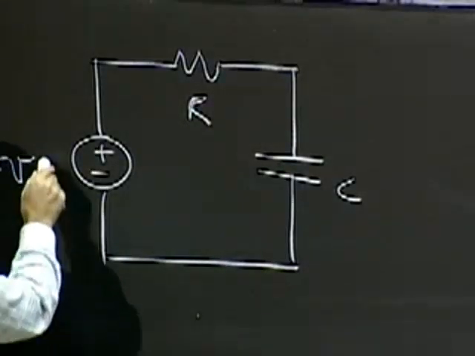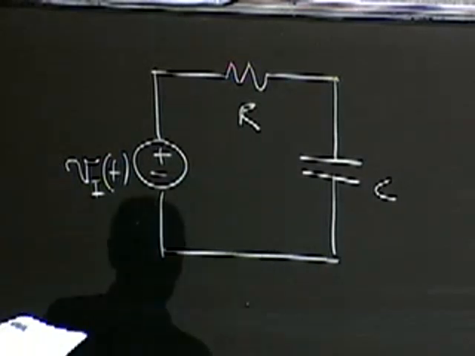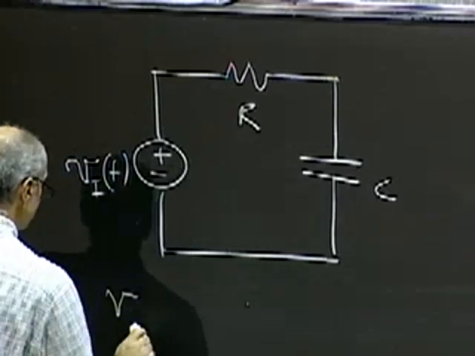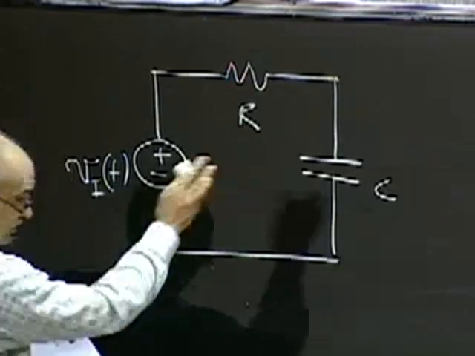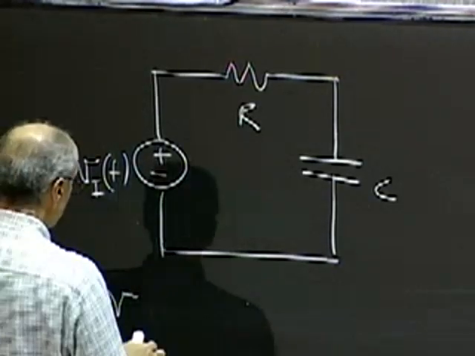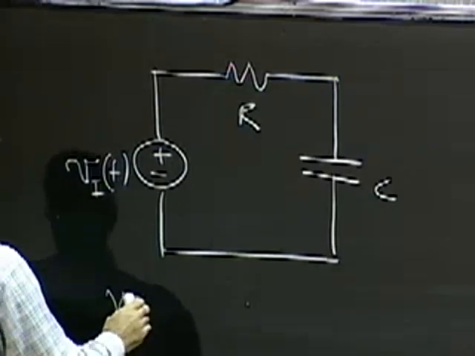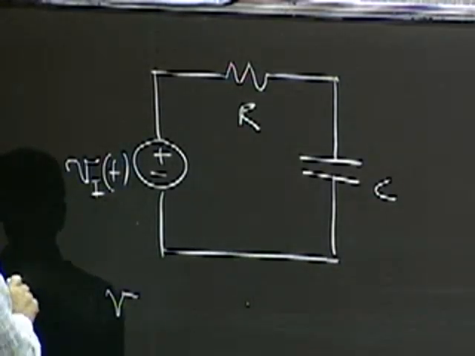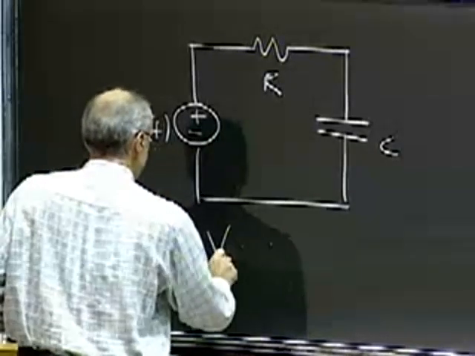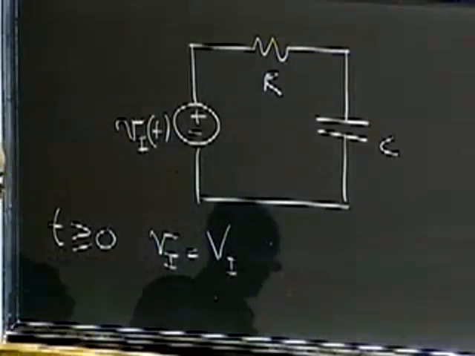With an input voltage function of t, okay? We have solved this problem for the case of a step input, a condition in which at t greater or equal to 0, Vi is equal to some capital VI value that from now on is constant.